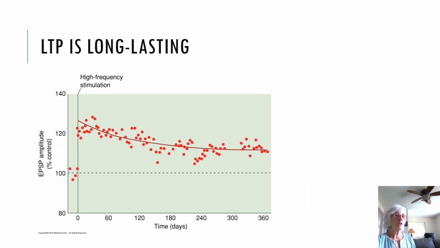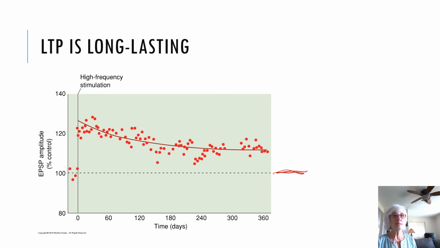Long-term potentiation can be long-lasting, and so this graph here shows you the amplitude of the EPSP. So how strong is the EPSP above 100%? 100% is this dotted line right here. So this tells us what baseline is, and we've got LTP greater than that 100% baseline as a result of some stimulation.